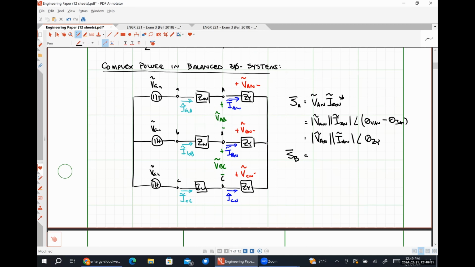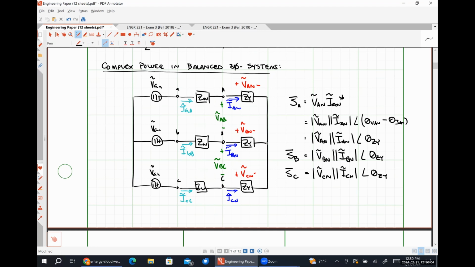I should be able to get very similar results. So I could say that this would look like the magnitude of VBN times the magnitude of IBN with an angle of theta ZY. And similarly, for my C phase, this is going to look like the magnitude of VCN times the magnitude of ICN with an angle of theta ZY.